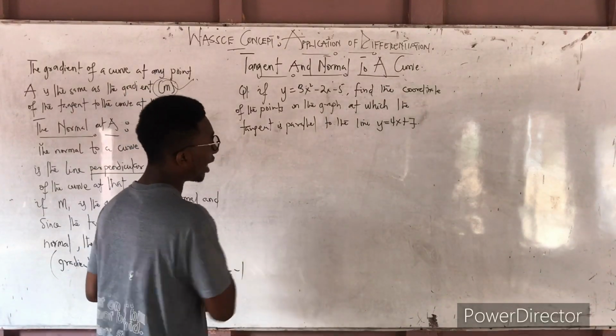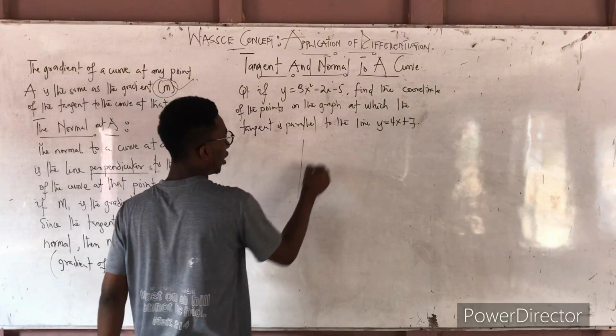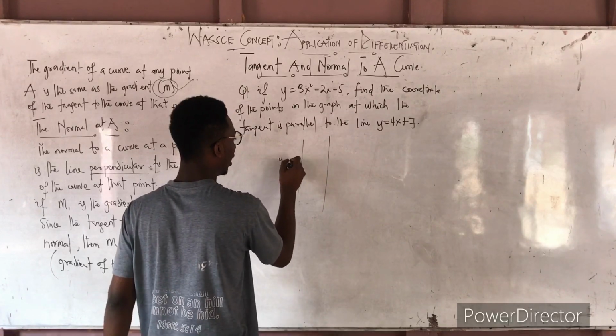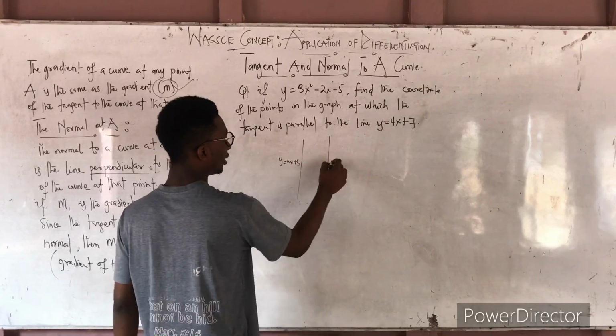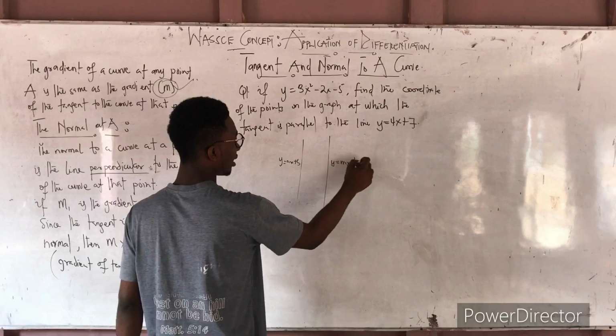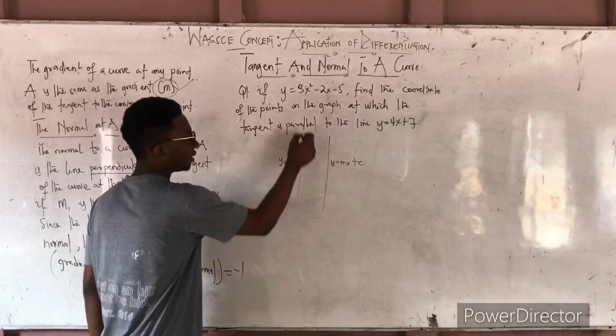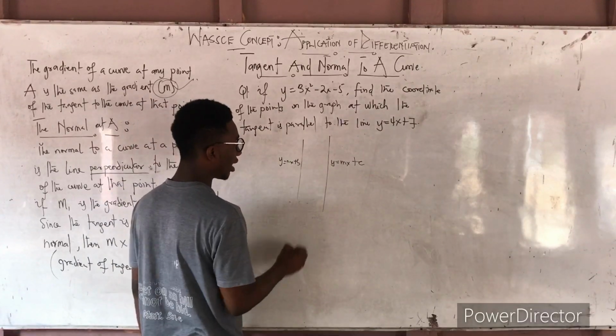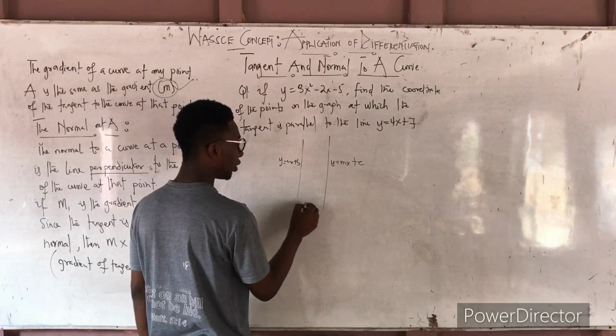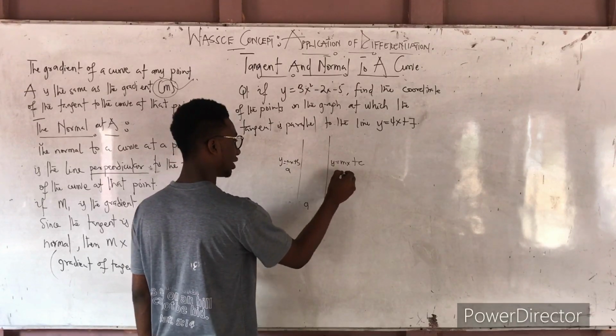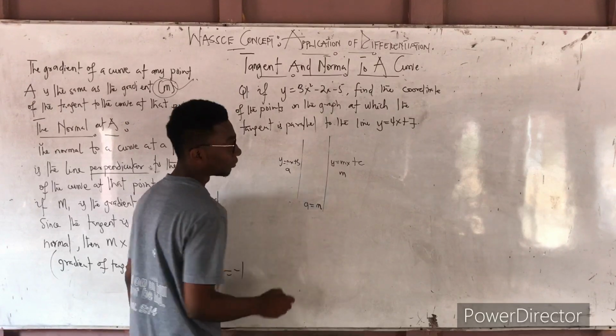Anytime you have parallel lines, if this line is y equals ax plus b, and this line is y equals mx plus c, since the two lines are parallel to each other, the gradients are the same. So the gradient here is a, the gradient for this is m. A must be equal to m.